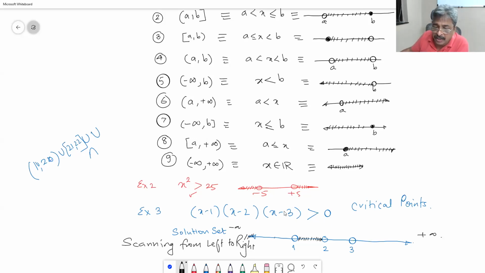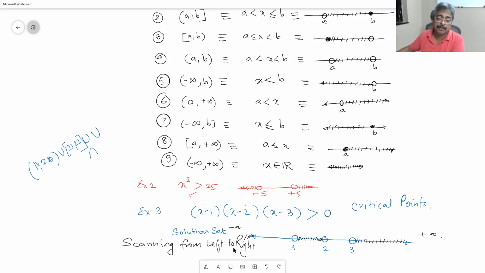You reach 3, put x = 3: positive, positive, 0. Oh, 0 is not greater than 0, hollow circle. If you put anything greater than 3, say x = 4: positive, positive, positive makes it positive, greater than 0, and hence all the points to the right of 3 work.